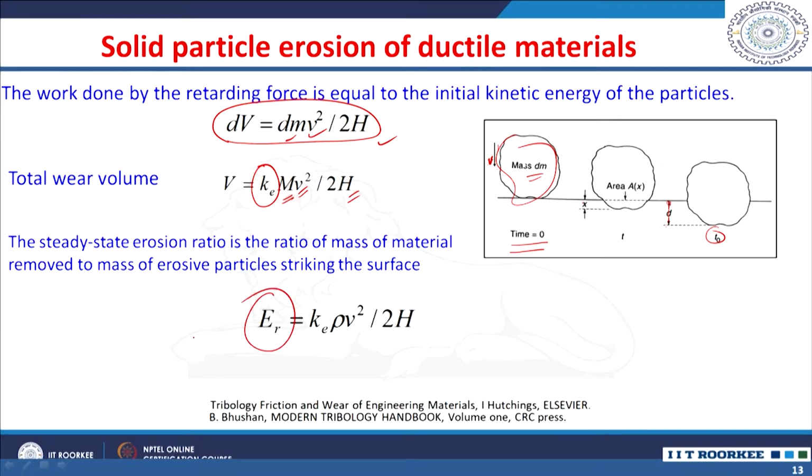So, the steady state erosion ratio is given in terms of Ke, the erosive wear parameter that accounts for the shape and size of these particles, rho is the density of the material, V is the velocity of the particle, and h is the hardness of the material. So, Er is equal to Ke rho V squared by 2h. This is the erosive wear parameter, right.